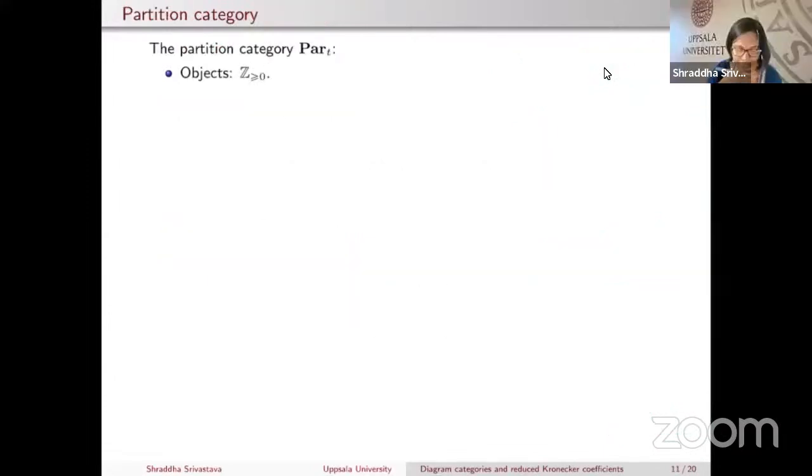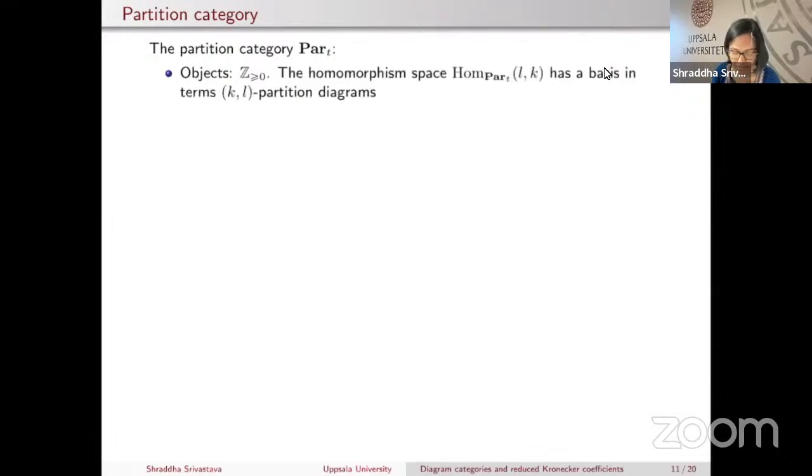Okay, so we define the partition category, which appeared in the work of Deligne. Its objects are given by non-negative integers, and the morphisms from the object L to K consist of the K-L partition diagrams, because we are reading the diagram from bottom to top.